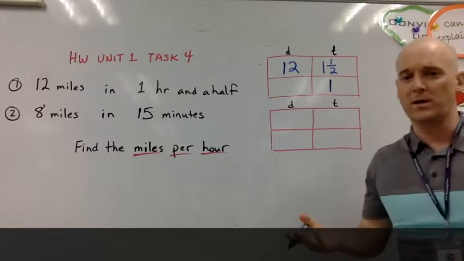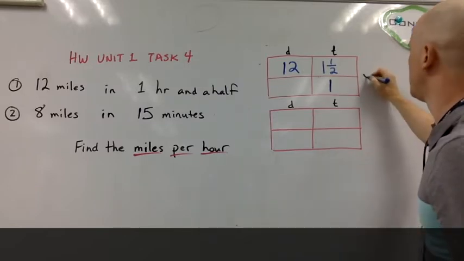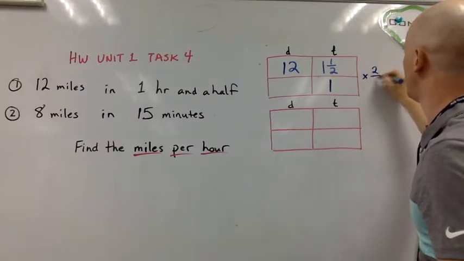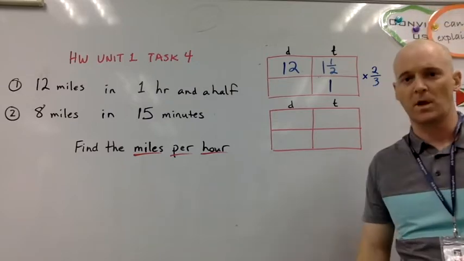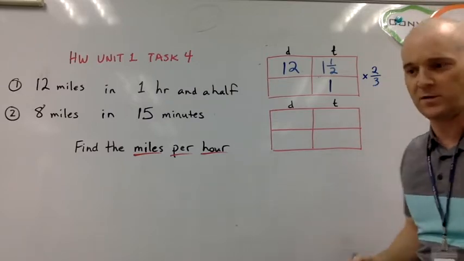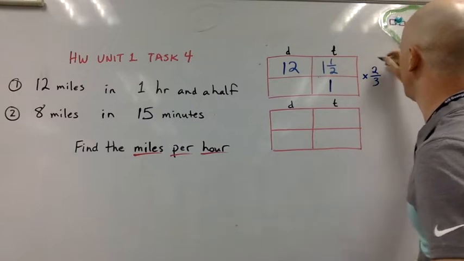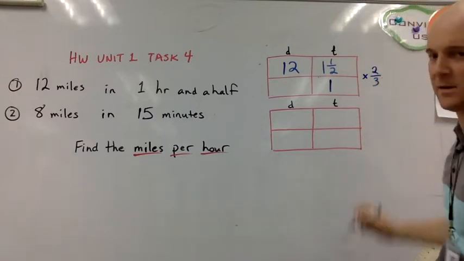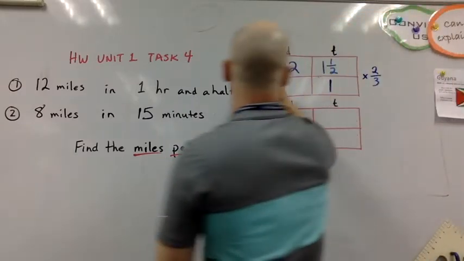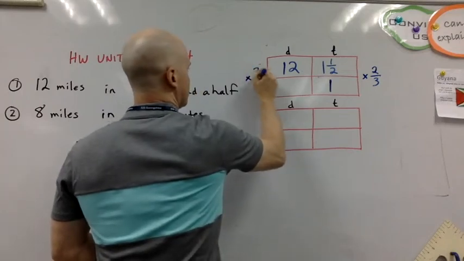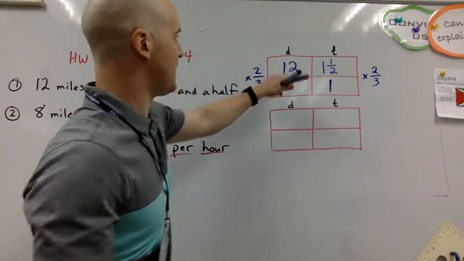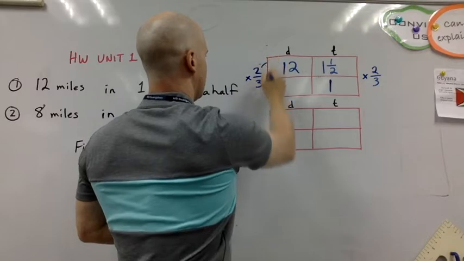Well, one way you can do that is multiply by 2/3. 1.5 multiplied by 2/3 is 1. So if you go from here to here, you're multiplying by 2/3. Do the same thing to the distance. Multiply the distance by 2/3.